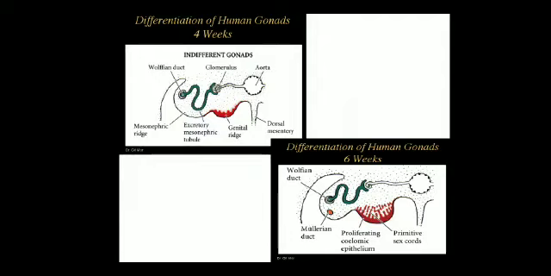That is the female genotype. When an ovum 22 plus X is fertilized by a sperm containing 22 plus Y chromosome, then the resultant zygote will be 44 plus XY. That is a male genotype. So this is how a sex will be determined.